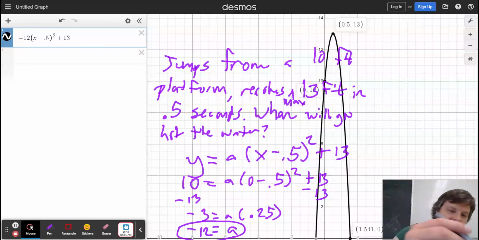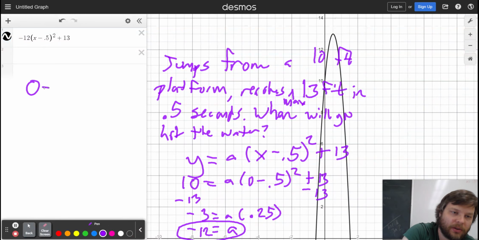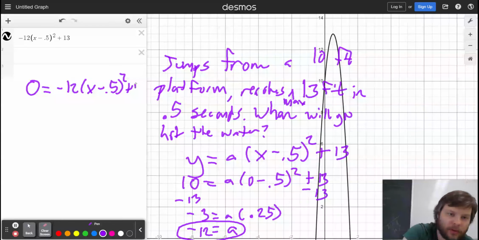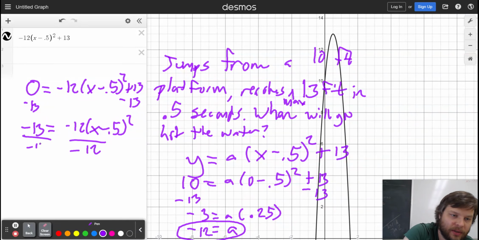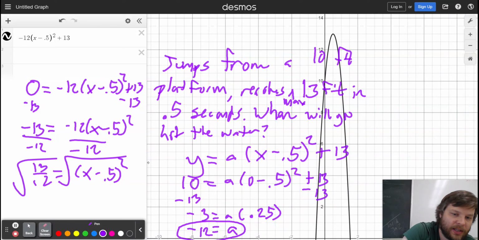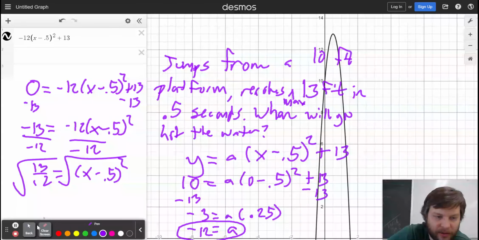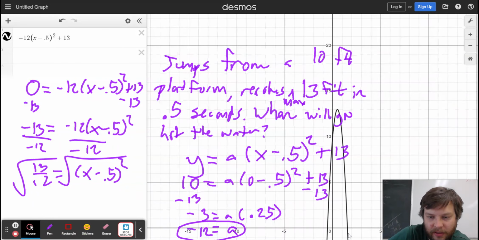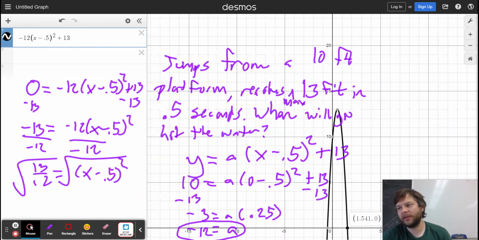Or you could solve it by hand, where you set your original equation equal to 0, take away 13, divide by -12, take the square root, and then add 0.5. After all that work, you get 1.54. Thanks for watching. Please ask questions or comments if there's anything else I can do to help.